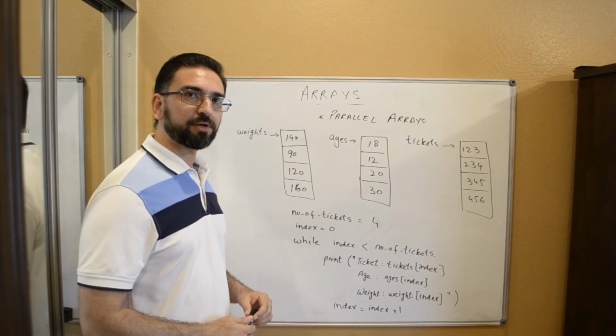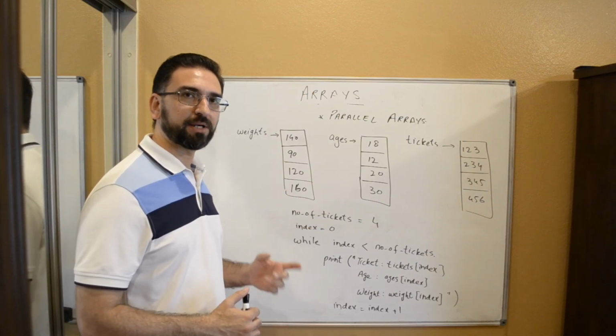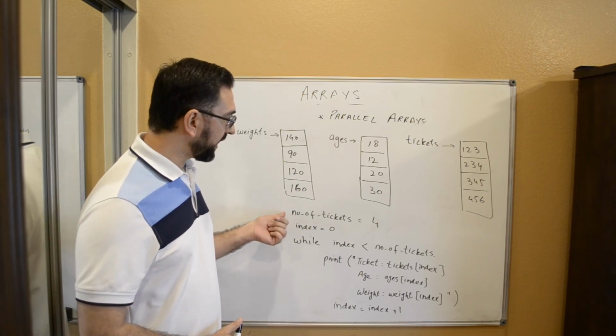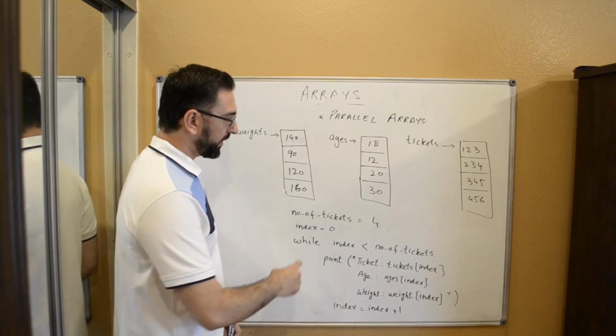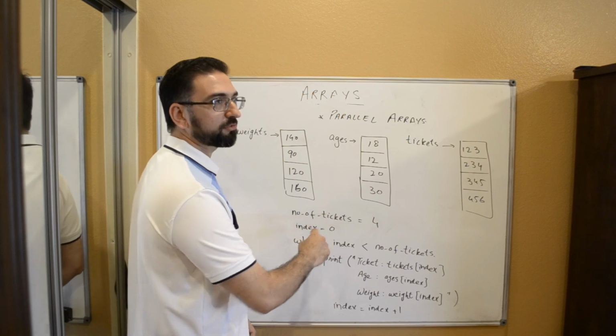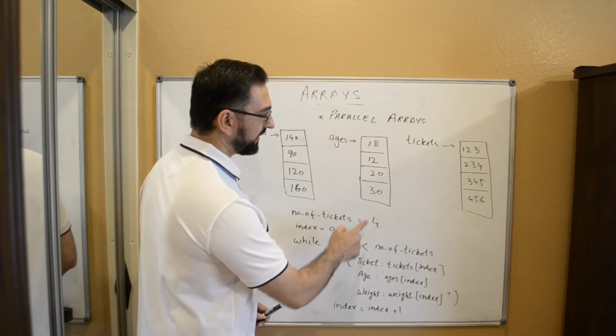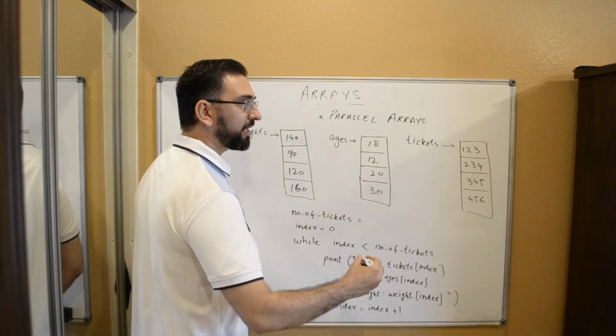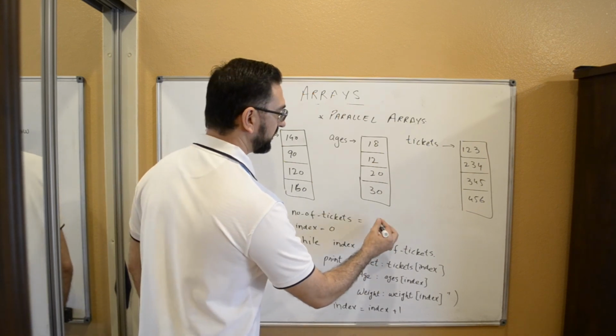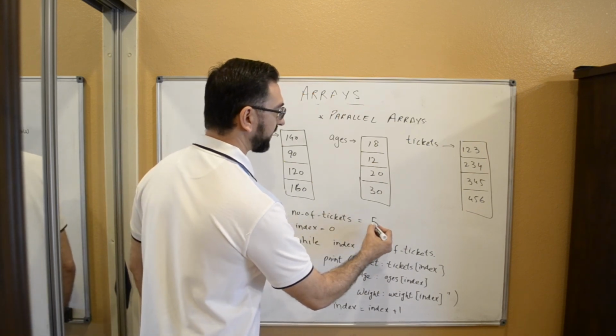Now another very important thing that I want to mention here is you have to be very careful when you're initializing the number of tickets so that it matches the size of the array. Let's suppose I make a mistake and I initialize number of tickets to 5.